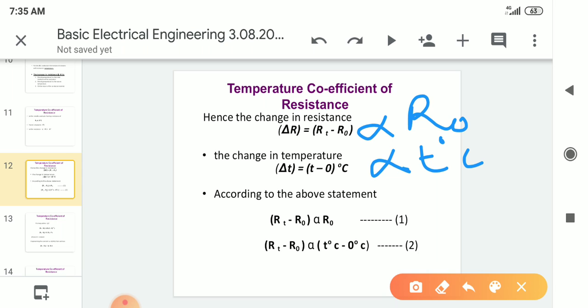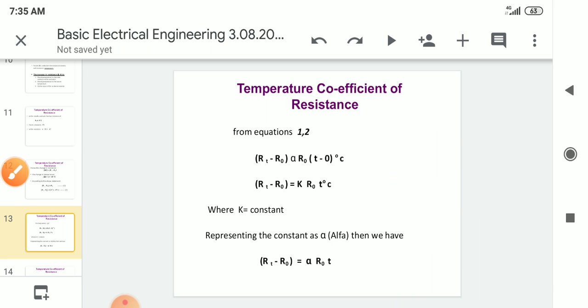So overall, these are the two statements considered: it is directly proportional to the initial resistance, and directly proportional to this temperature difference. From these statements, we get these two relations.